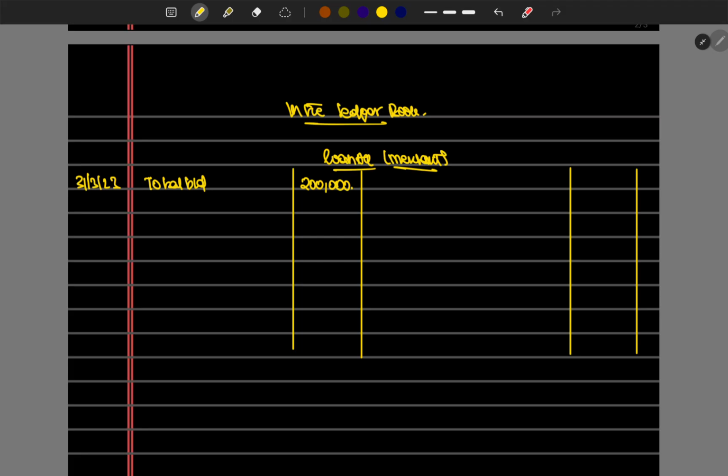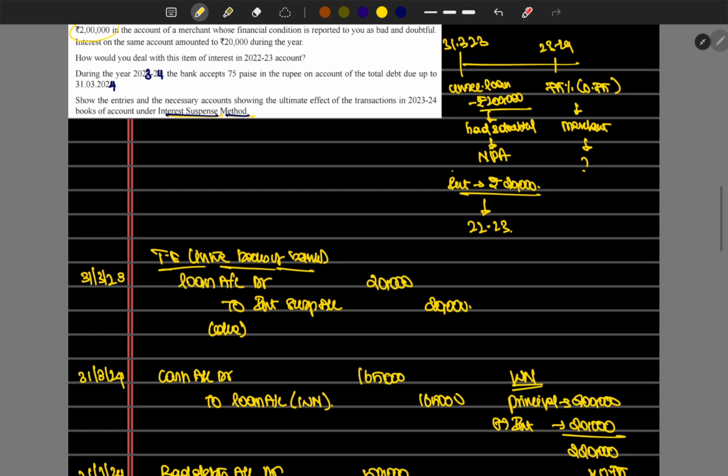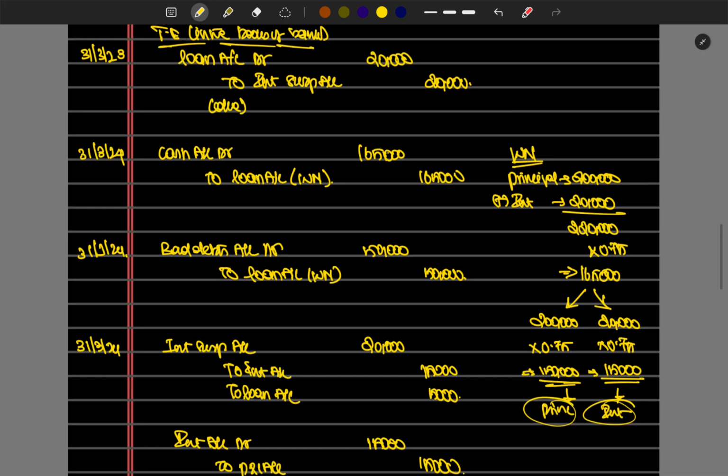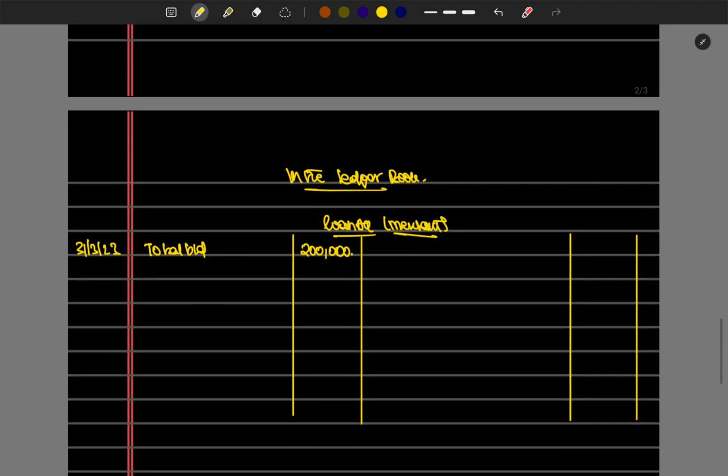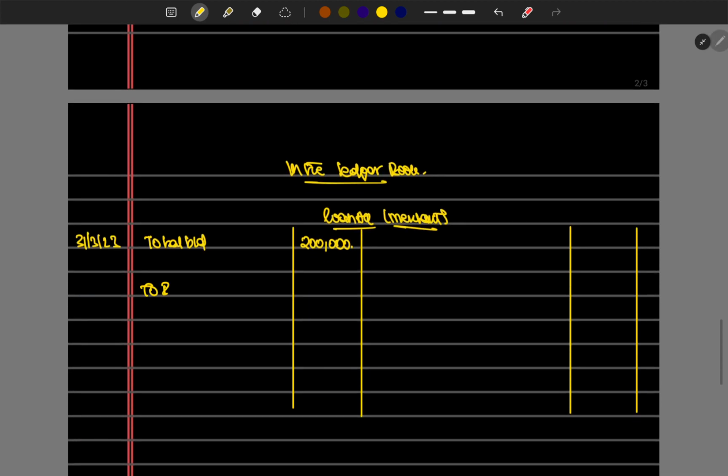And then what's the first journal entry, which is to interest suspense account? We have recognized the interest as doubtful interest, so we have transferred the entire interest to interest suspense account, which is rupees 20,000, right? Here he hasn't paid anything yet, so we are closing the balance by balance carried down, which is 2 lakh 20,000, right?